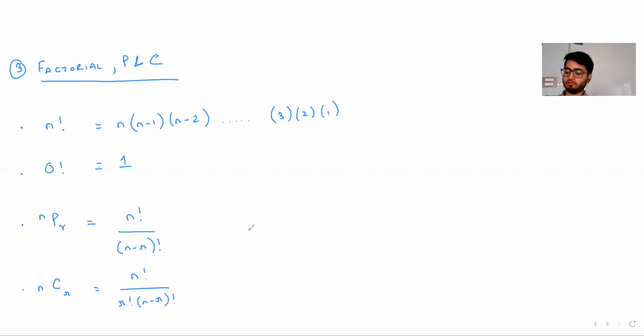Now, if we want to understand permutation and combination, nPr could be thought of as the total number of ways of selecting r objects among a total of n objects where order is important. For example, there are 5 balls: ball number 1, ball number 2, ball number 3, ball number 4, and ball number 5. I need to select randomly any 3 balls.